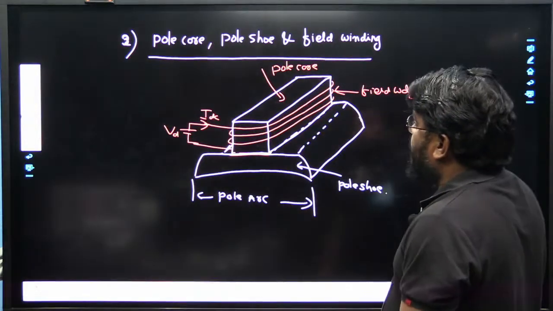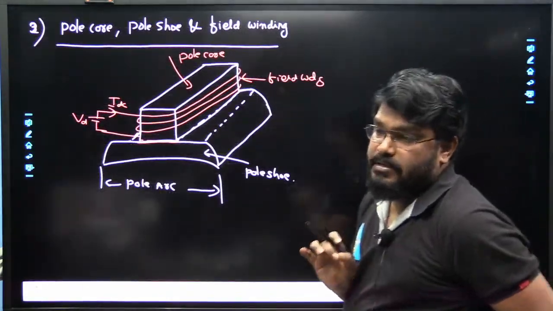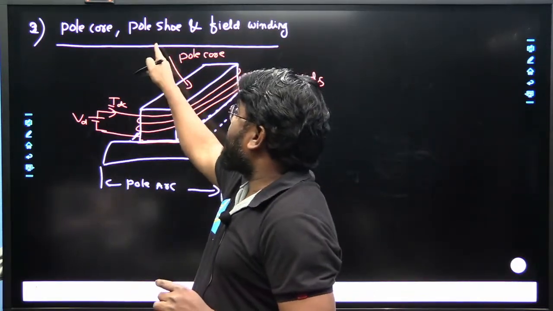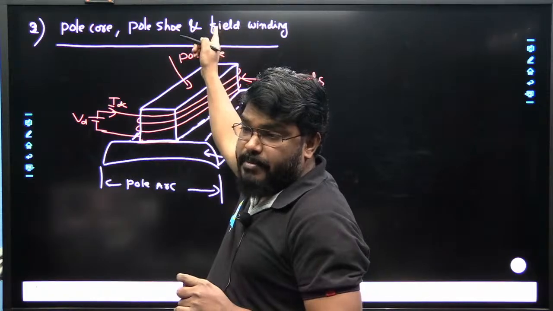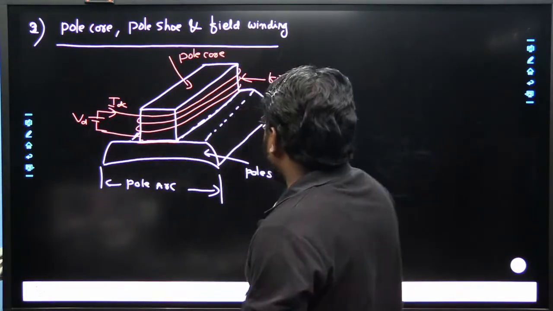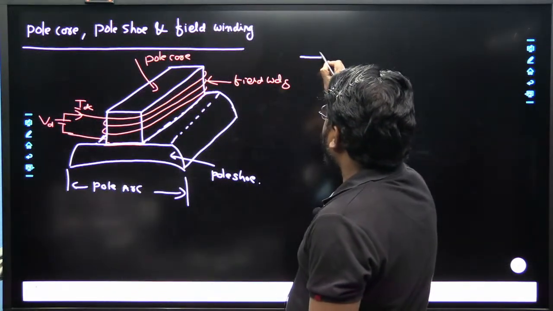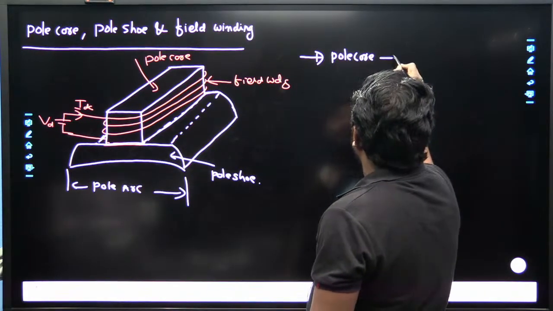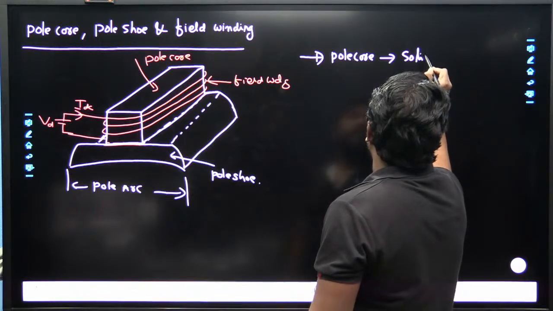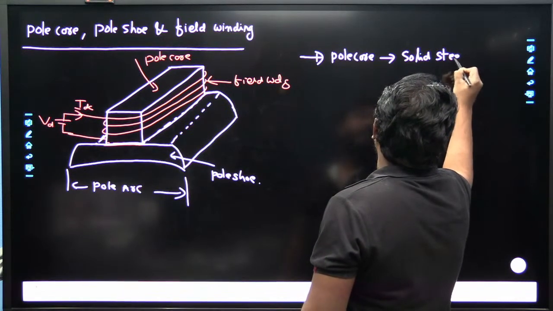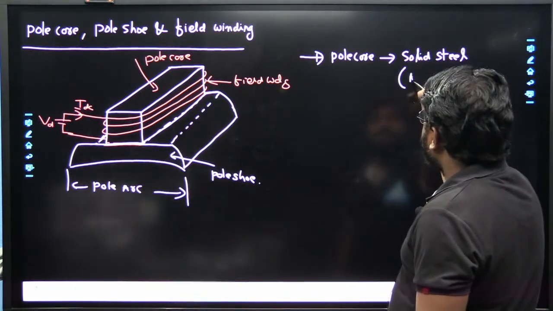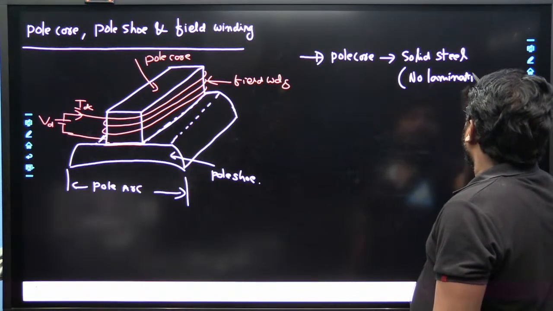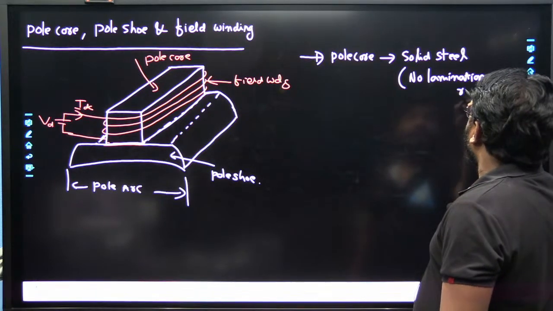Yes. So now, what is the name of the material used to construct the pole core? What is the material of the pole shoe? And what is the material of the field winding? First we will discuss them one by one. The pole core is made with solid steel. That means no laminations are required in the pole core.